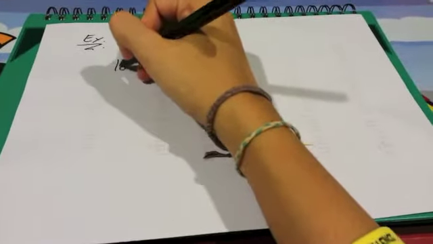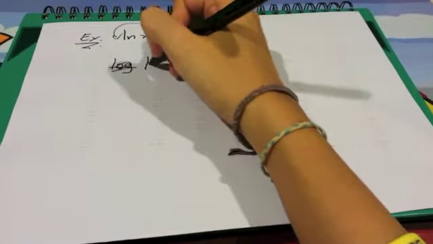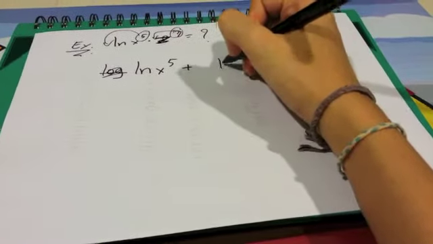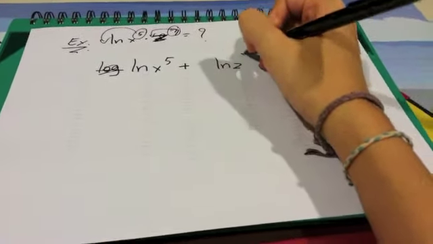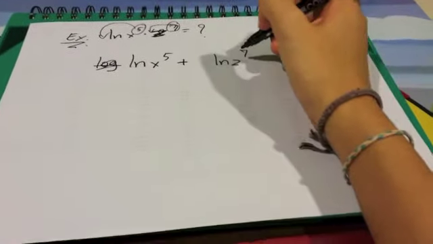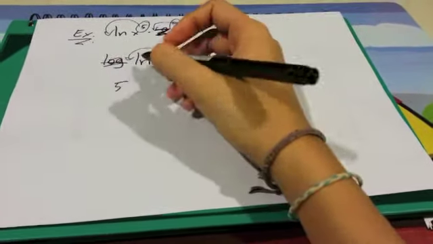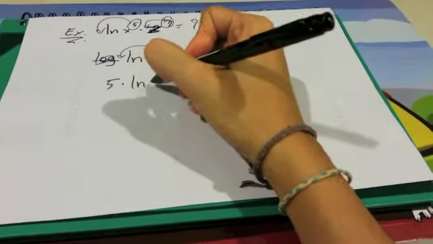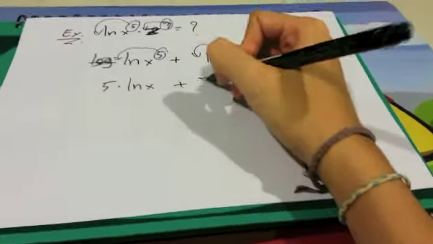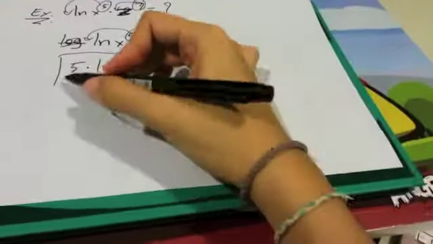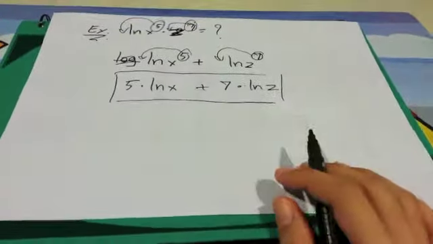It's going to be ln x to the power of 5 plus ln z to the power of 7. And then you bring this in front, and this in front. So it's going to be 5 times ln x plus 7 times ln z. There, like that. And this is the answer.